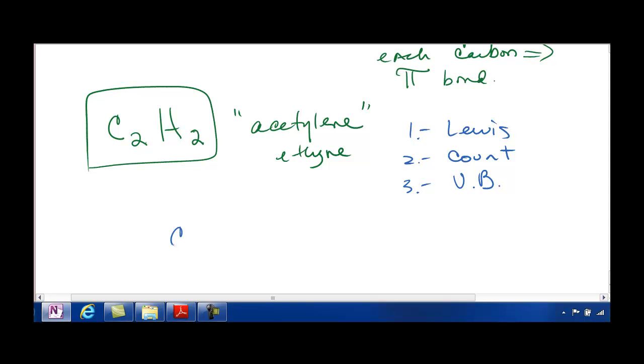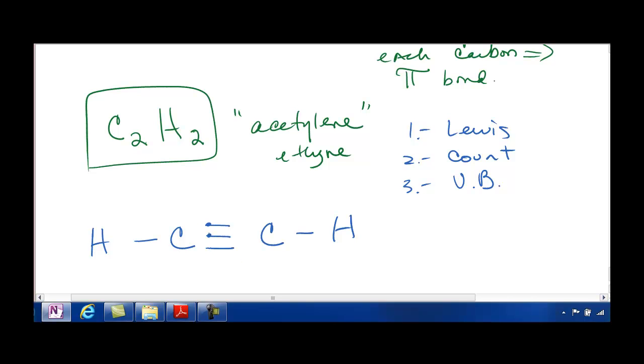And I'll do Lewis for you. If I have 2 carbons and 2 hydrogens, hydrogen forms one bond no matter what other element it's combining with, another hydrogen, a fluorine, a carbon. And carbon forms 4 bonds. In this case, it's a single and a triple. So this is Lewis. It may take you a little bit of time to get there.